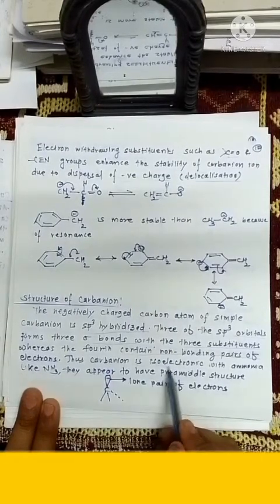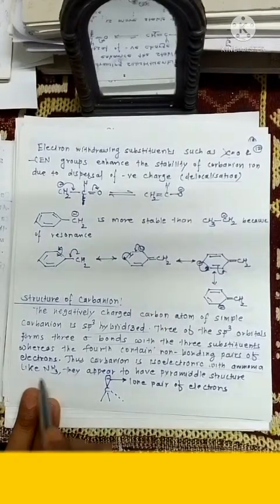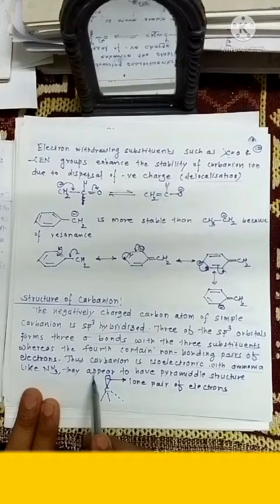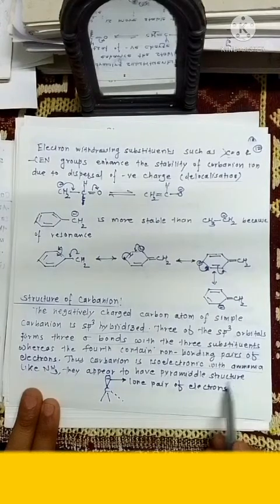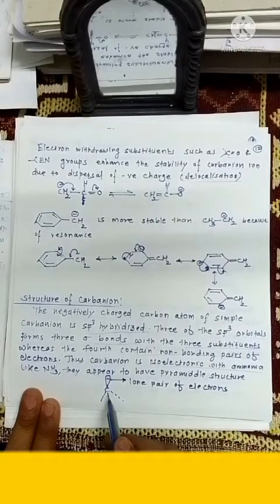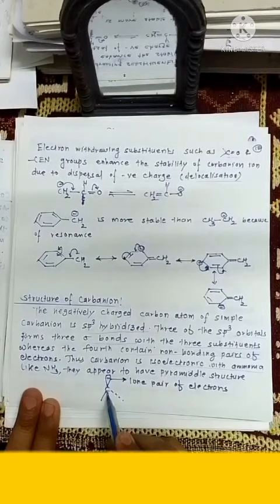Thus carbanion is isoelectronic with ammonia, that is NH3. Therefore, they appear pyramidal in structure. So, just see here, your carbon is sp3 hybridized, and one of the hybrid orbitals contains a lone pair of electrons.